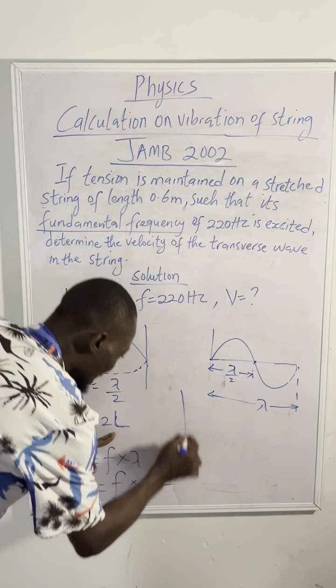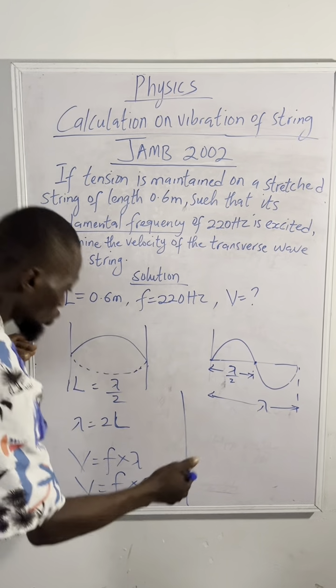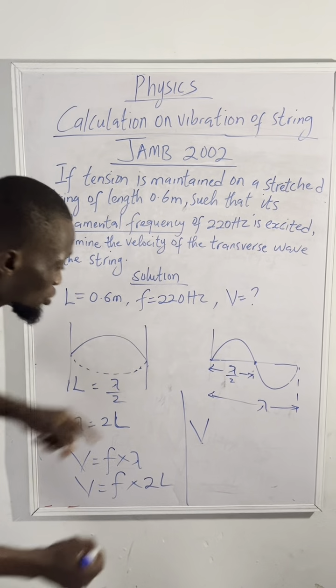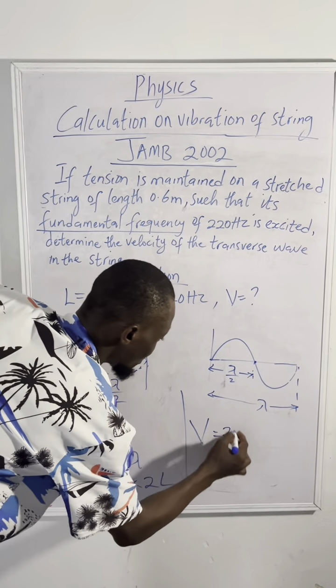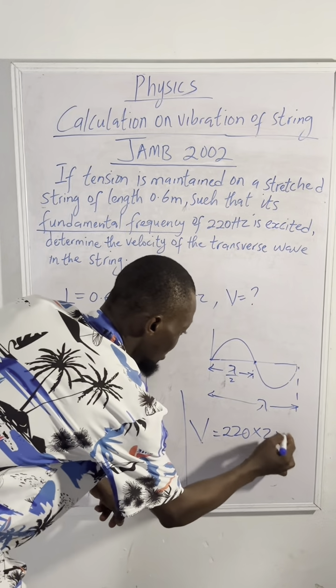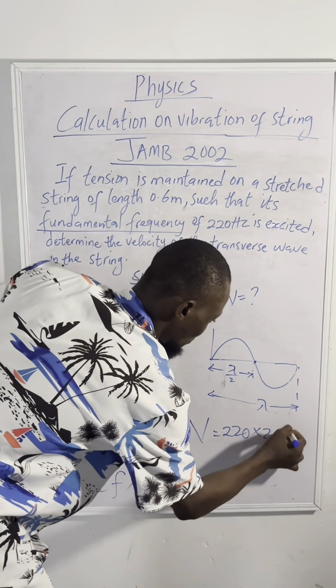Now, from there, you can substitute your values. V, because they're asking us to find the velocity, is equal to frequency, which is 220, times 2 times the length, which is 0.6.